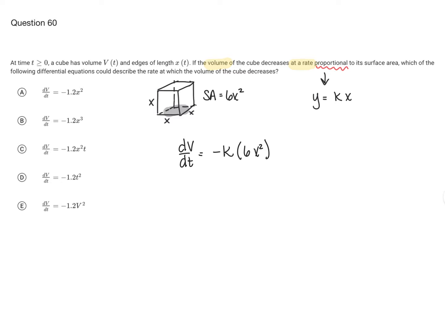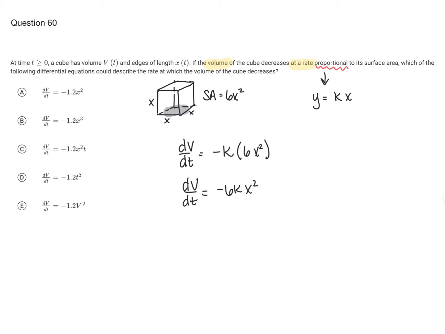Now, this is what the problem is saying based off of just those words. Now, it then asks which of the following differential equations could describe the rate at which the volume of the cube decreases. And if I simplify this, you're going to see that this just gives me negative 6k x squared.